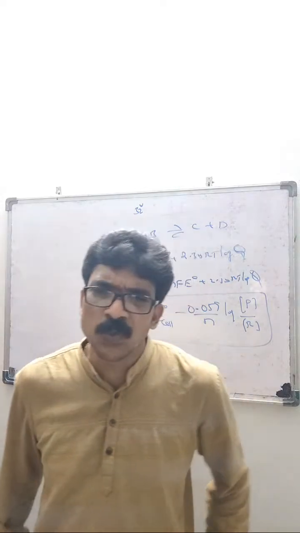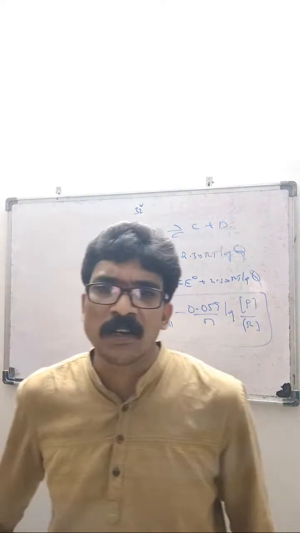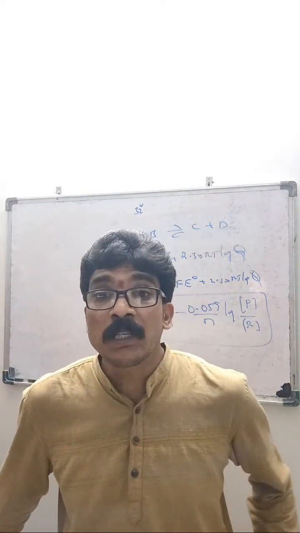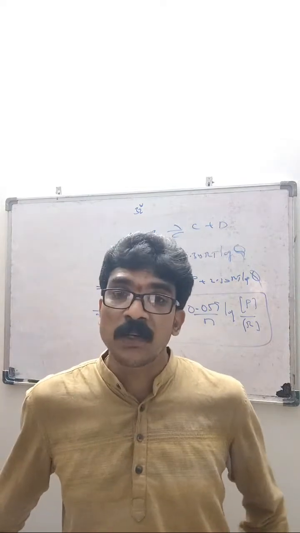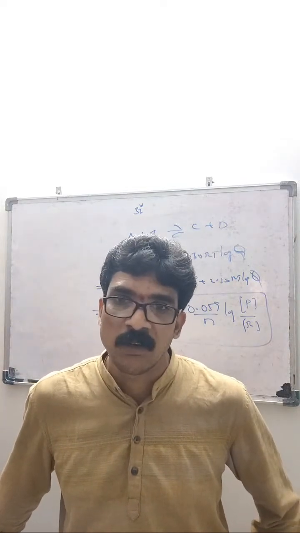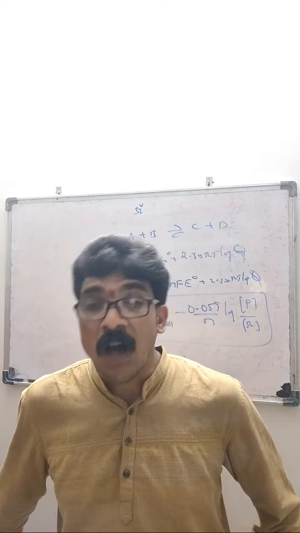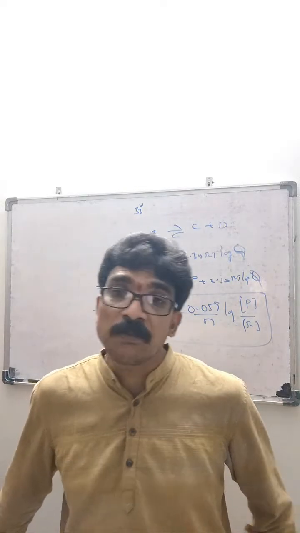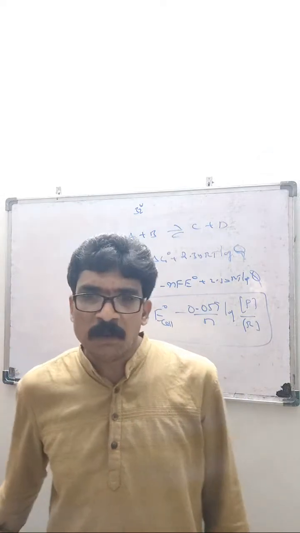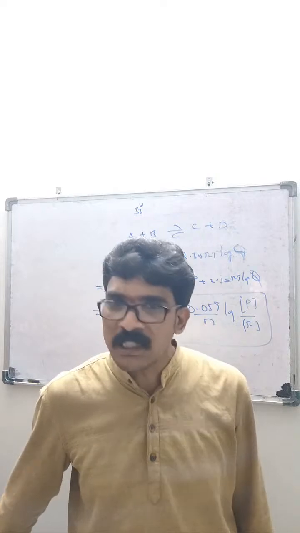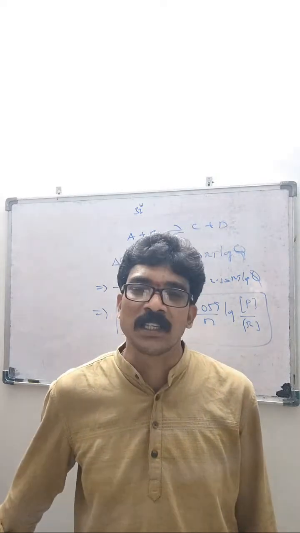Whether you multiply the cell by 2 or divide it by 2, whatever it is. F2 plus 2 electrons gives rise to 2F minus, with E naught value plus 2.87. Half F2 plus 1 electron gives rise to F minus, also the same value. I multiply with 2, I multiply with 3, E naught does not change. E naught never changes.